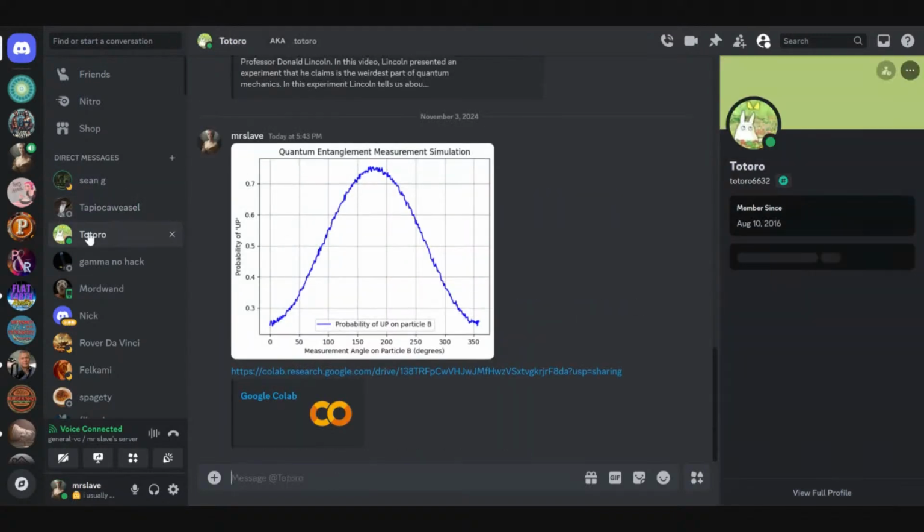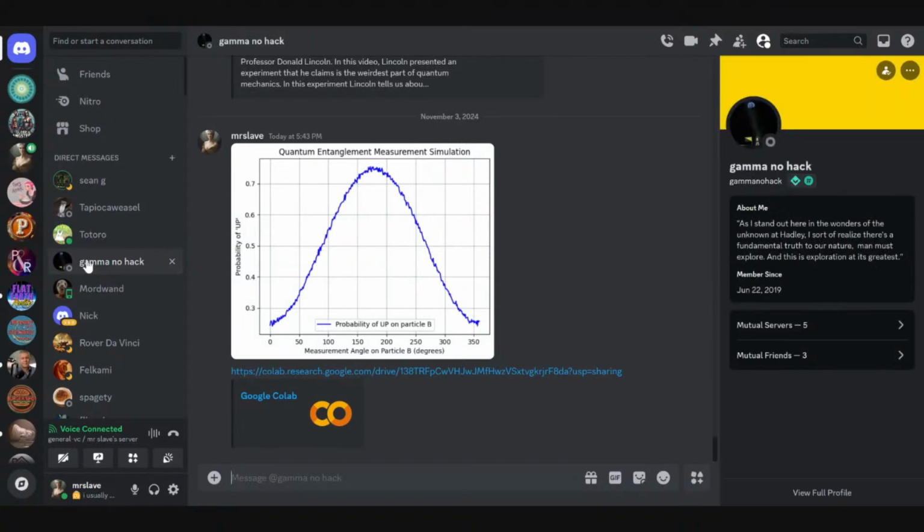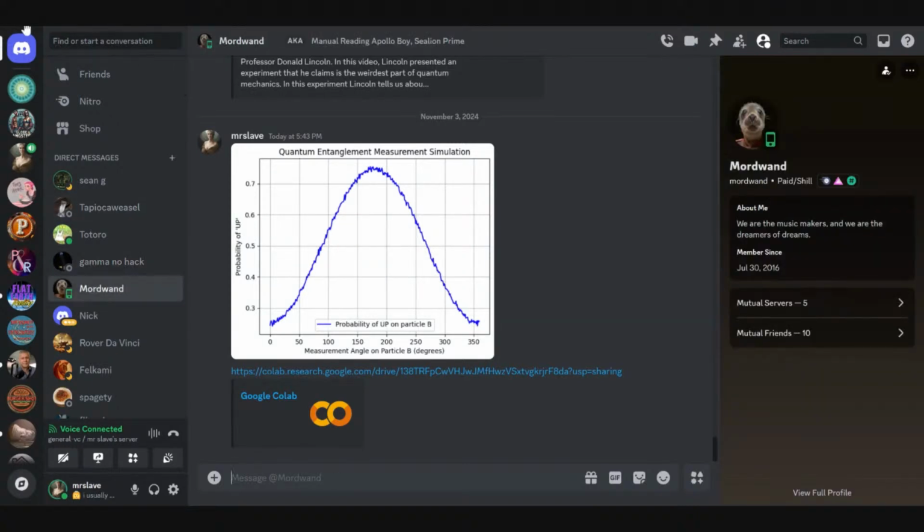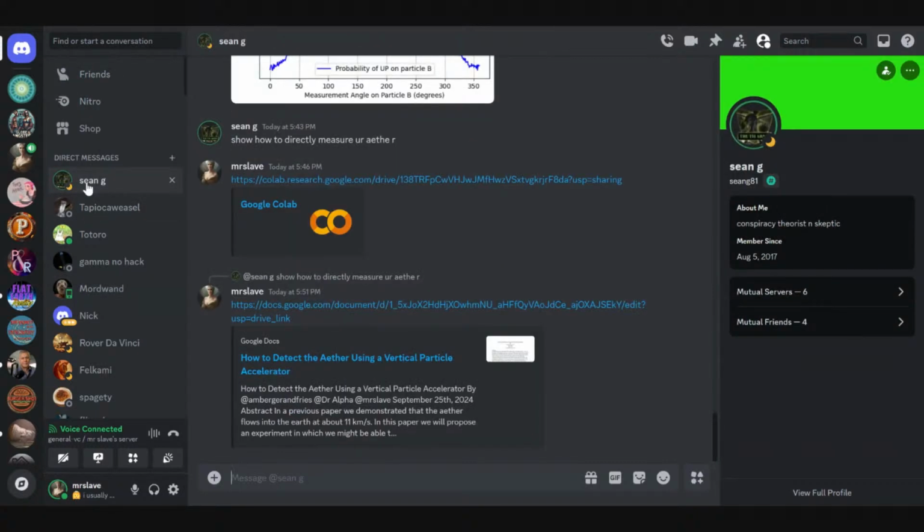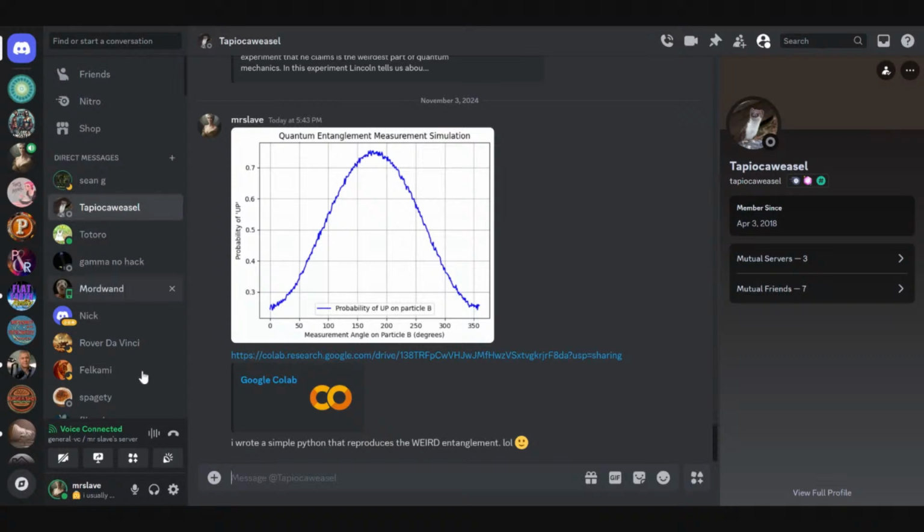Okay. Totoro. Okay, you know what I can do? This is the whole point of the collab, is to be able to document it.